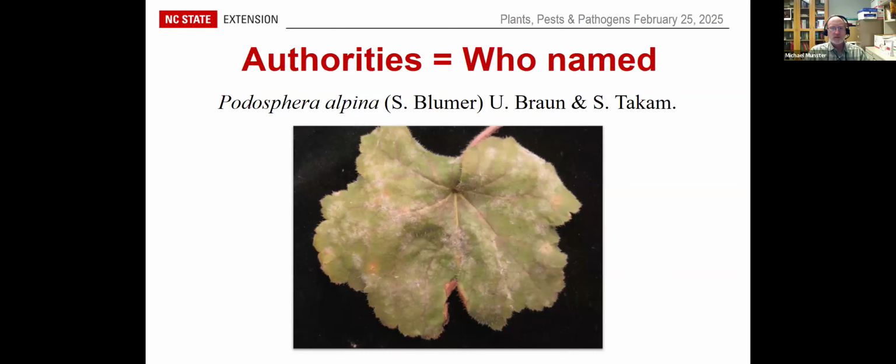As Matt was saying, there is a difference between how we handle things with fungi and how the entomologists do with arthropods. Here is a powdery mildew called Podosphaera alpina, and the S. Bloomer would have been the person who originally named the fungus, but then it was renamed or moved into a different genus by Brown and Takamatsu, I think was his name.